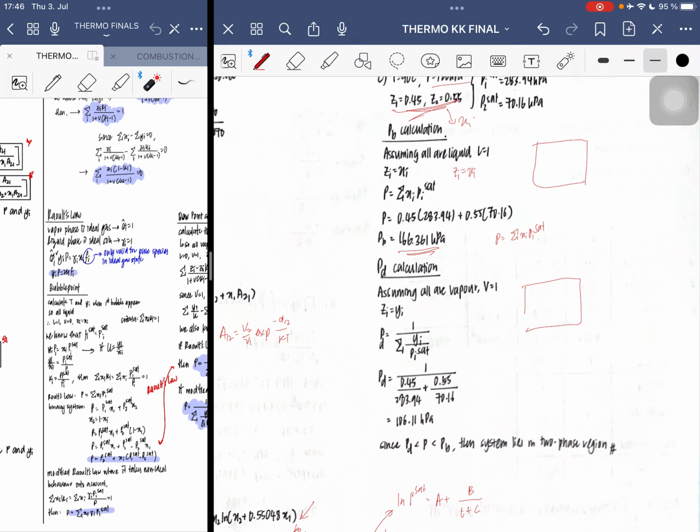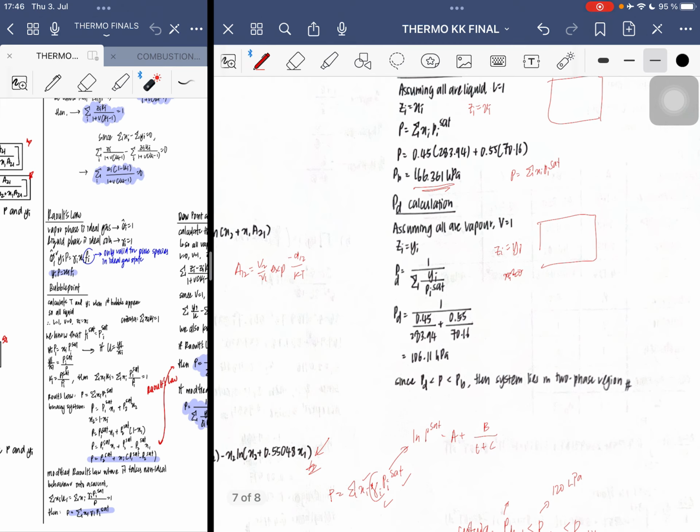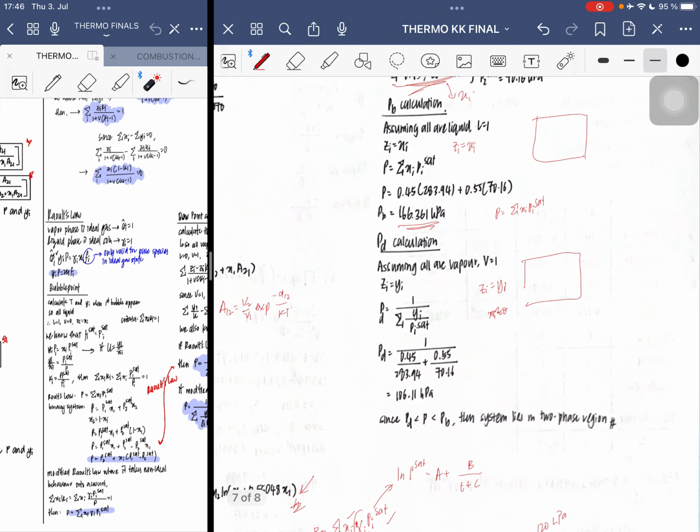The formula for dew pressure is 1 over the summation of Yi over Pi sat. Then you check whether the system's pressure, 120 kPa, lies between these two values. If it lies between these two values, then the system is in the two-phase region.